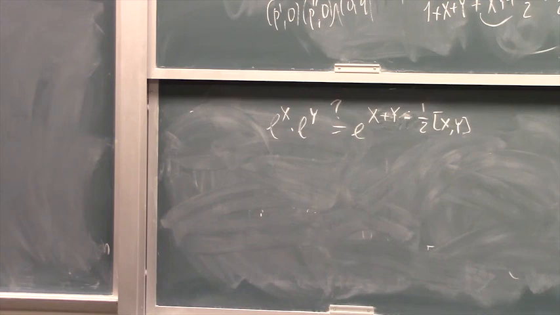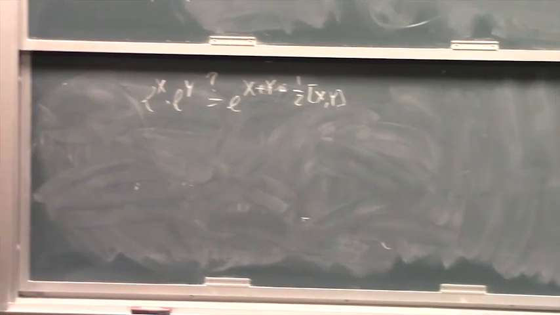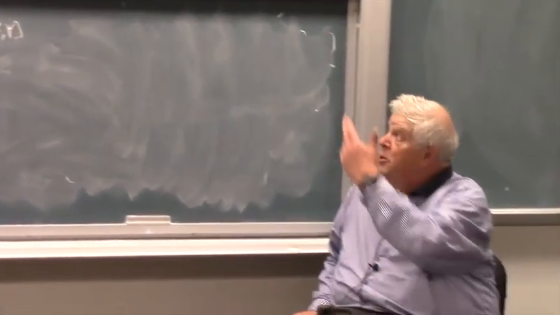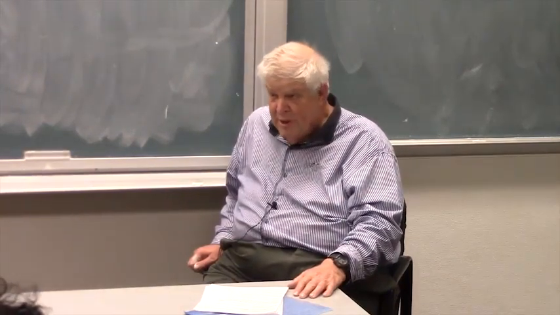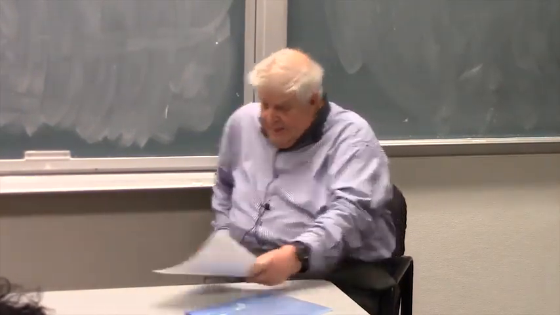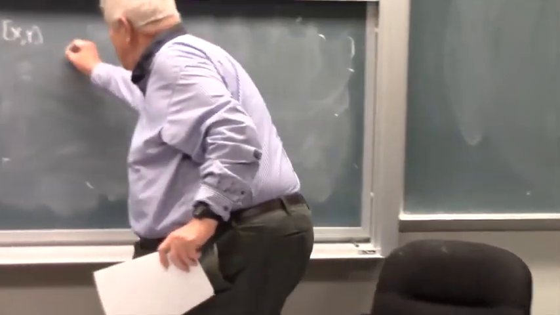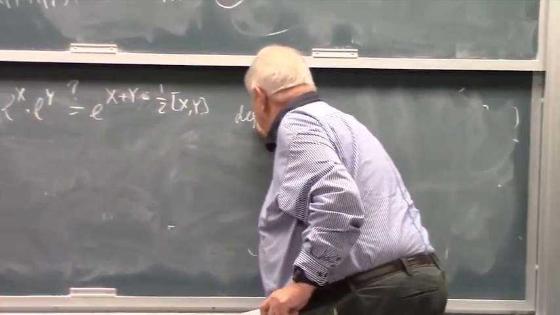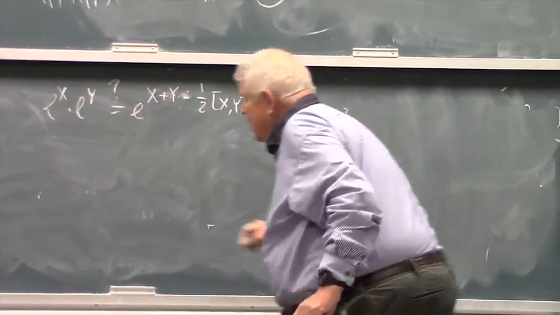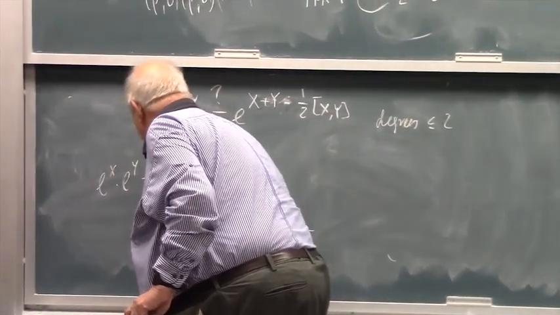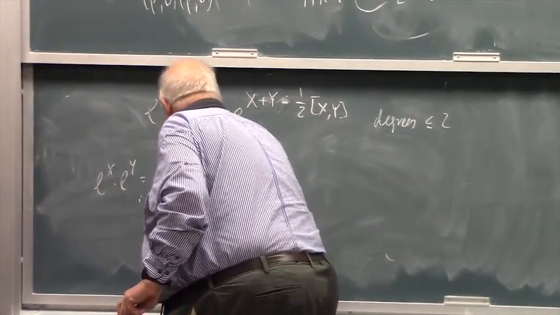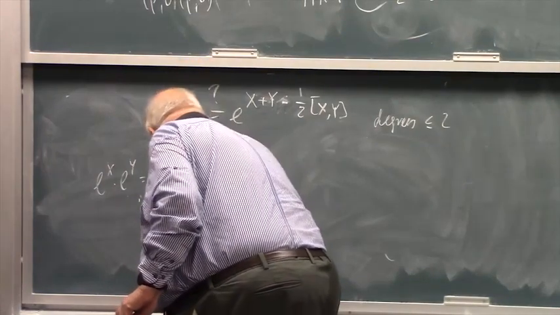Certainly, if you want to compare the cubic part, the terms of degree 3, again you will not have the same. You do more or less what I did. Only it is longer, it is boring, whatever. And the result is that, up to degree 2, e to the power x times e to the power y is e to the power x plus y minus 1/2 of the commutator of x and y, and some terms of degree 3.